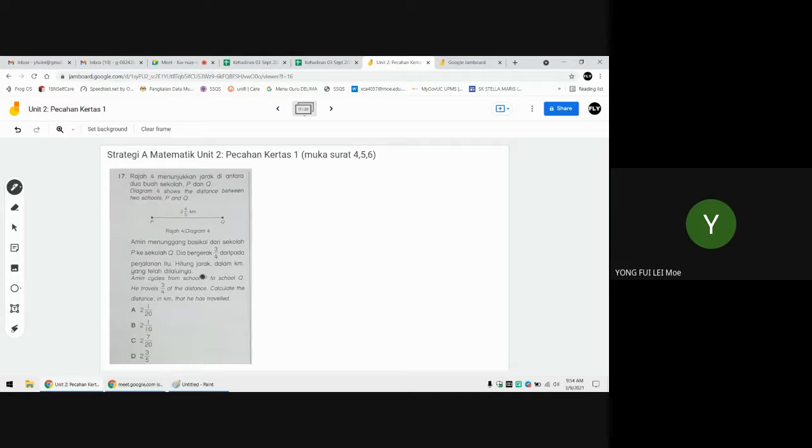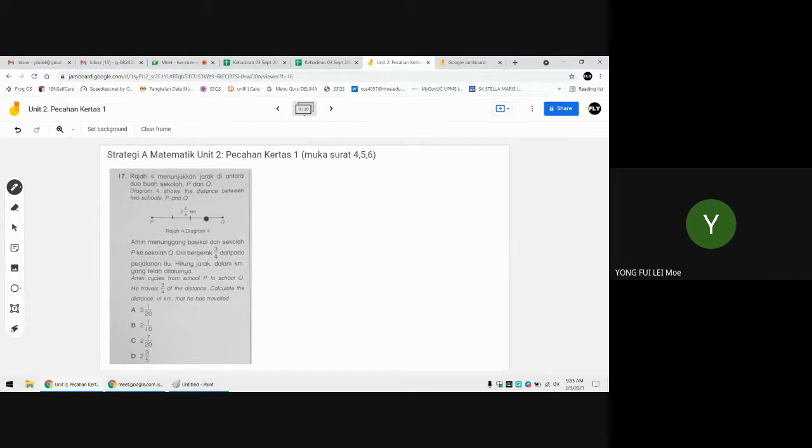Okay, so these are the distance. He only traveled 3/4. So divide it by 4 parts. Okay, he only takes 3/4. So you see, first quarter, second quarter, third quarter.